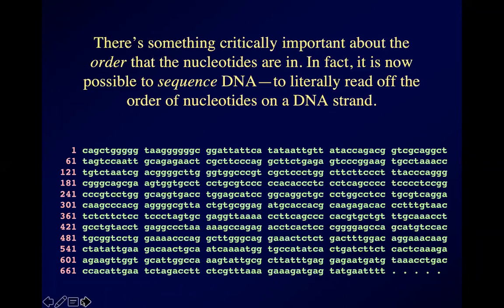I'm kidding. You don't actually have to memorize this. So one strand has that, and then of course the complementary strand would go G, T, C, G, A, C, C, C, C, and so on. If you know one of the strands, you can figure out the order on the other.